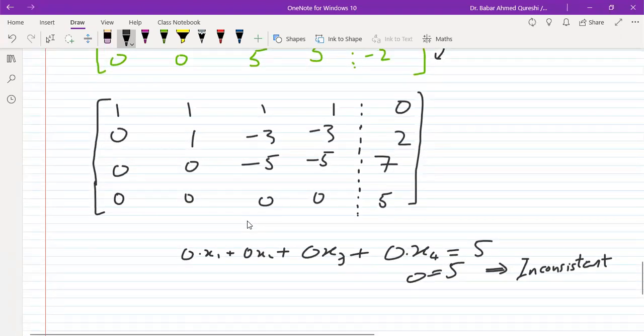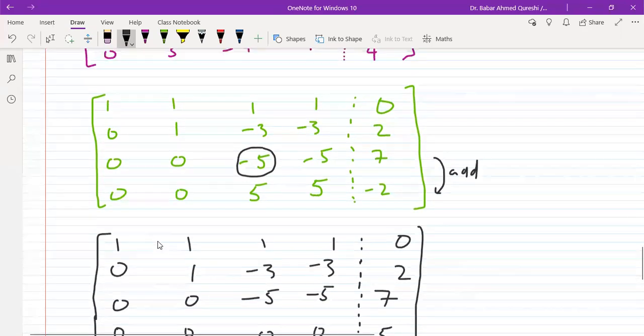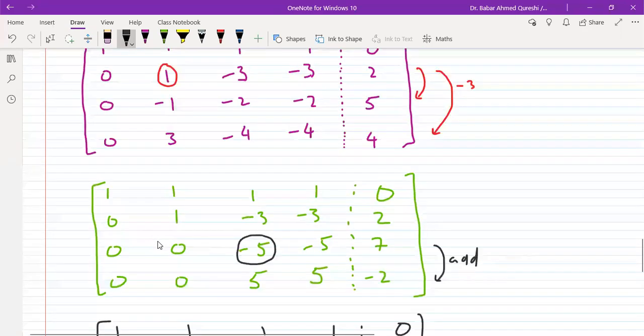On the other hand, if I had started with a different value, so we have found inconsistency.